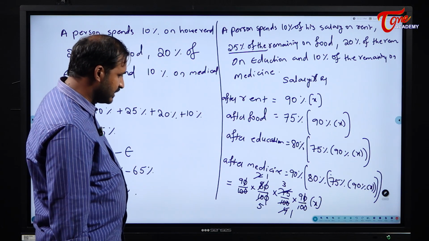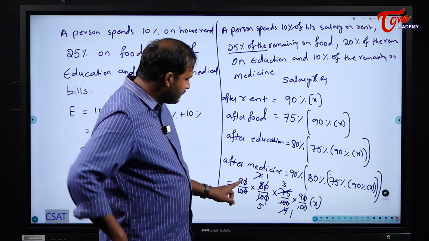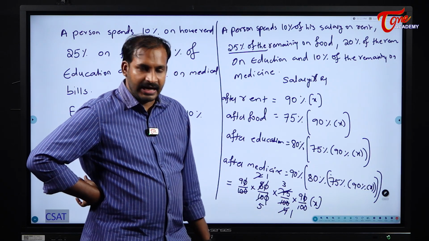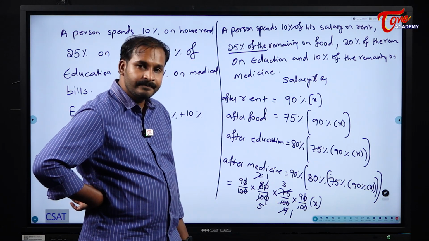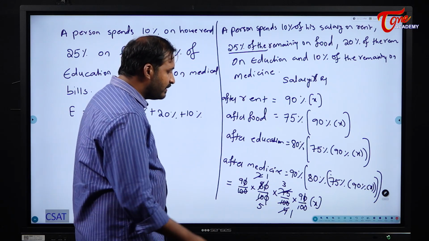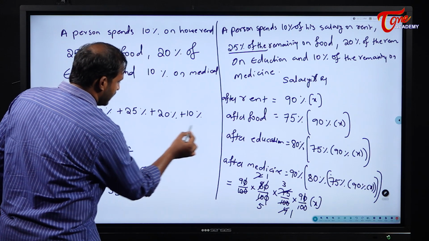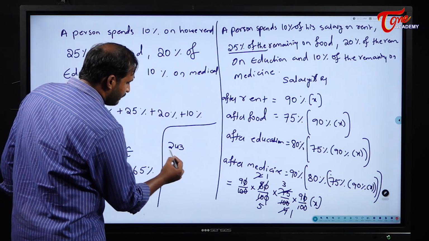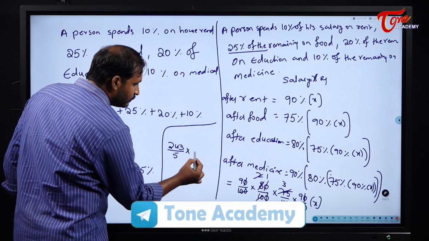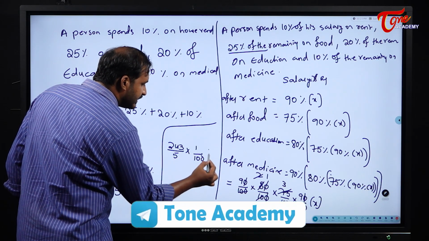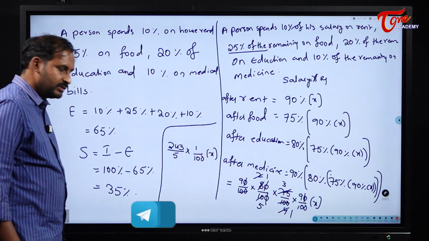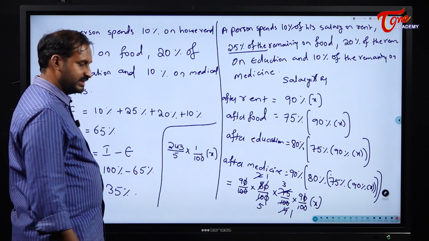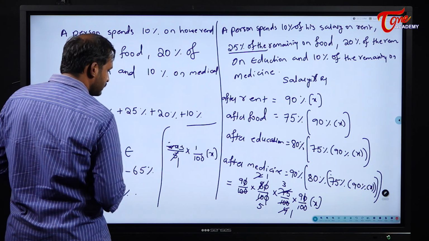I will put that aside. What are the things I have left with here? 9 3s are 27, or else 9 9s are 81, 81 3s are 243. So I will be left with 243 by 5 into 1 by 100. I am writing intentionally that 1 by 100, students. Why? What is the advantage? Because directly I can write that as percentage. 5 4s are 243.